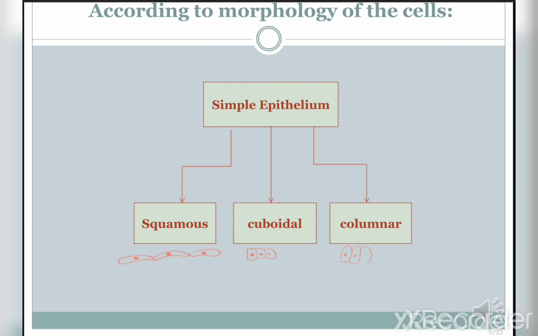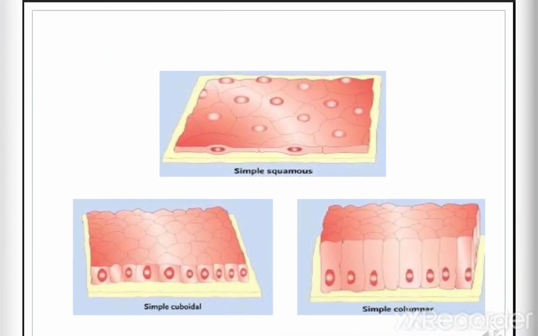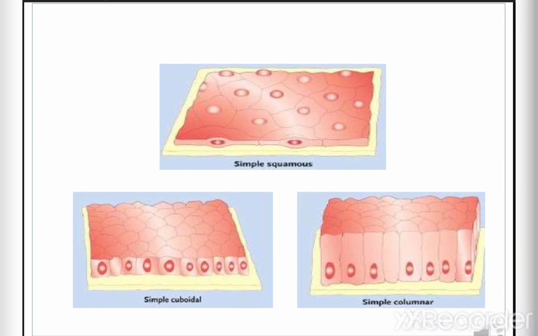For example, this is the simple squamous one. You can see the orange layer here is the cellular sheet or the epithelial sheet. They are very thin, attenuated sheets attached adherently to each other, with a central bulging nucleus. While this yellow resembles the basal lamina or the basement membrane.